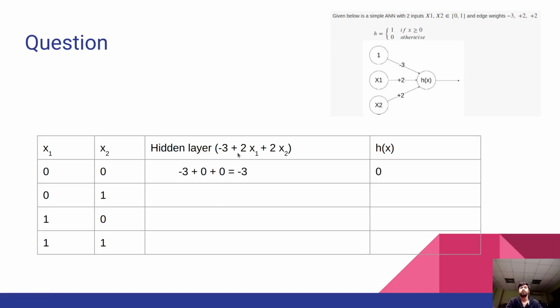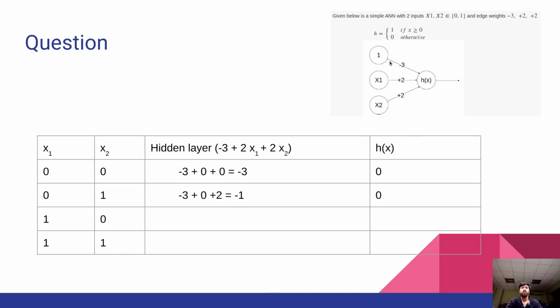At first we are adding the bias, then 2 into x1, which is 2 into 0, which is 0, and 2 into x2, which is also 0, so it is minus 3. If we give it to the function, it is less than 0, so it comes under otherwise, so it is 0.